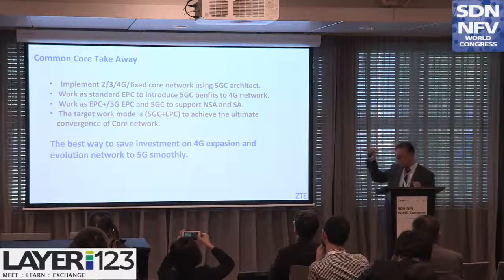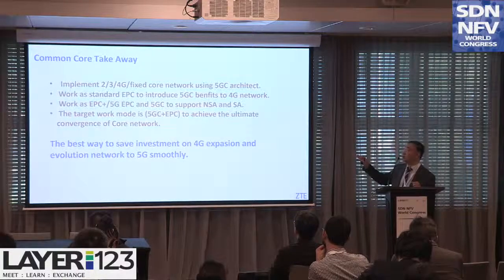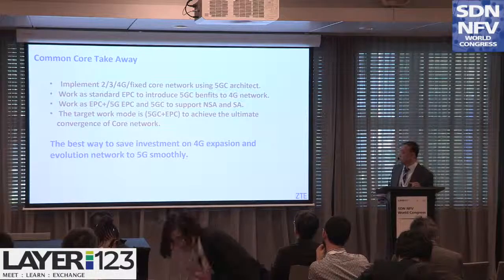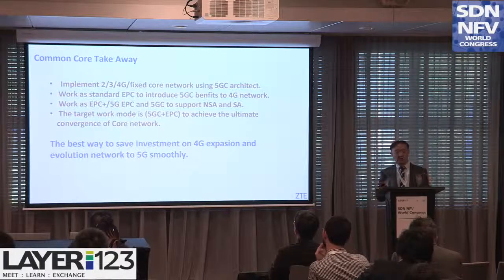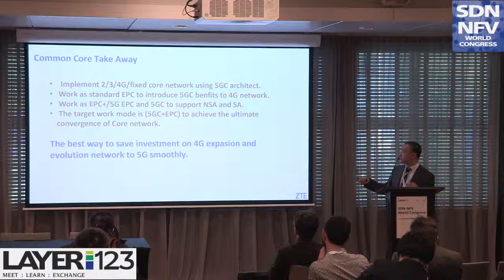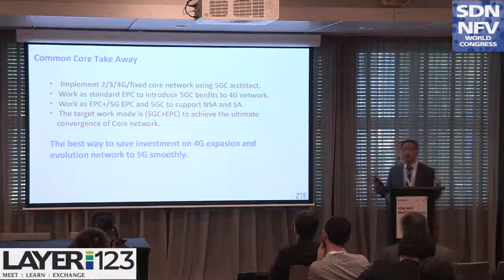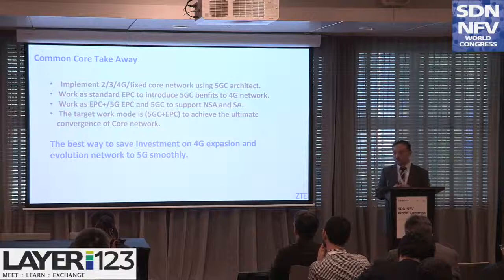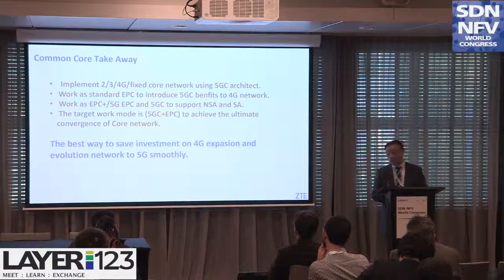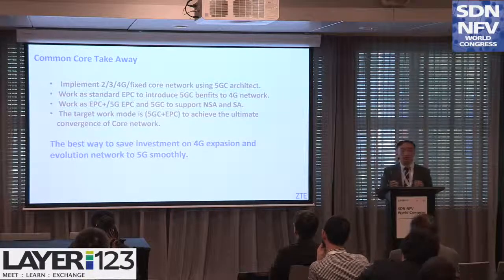I mean, the common core gives you a lot of solutions. Whatever core network you like, you can save investment on the 5G expansion and also evolve the network to 5G very smoothly. It's a very good choice for our customers to enter the market. Okay, any question?